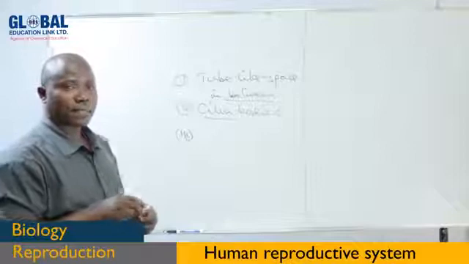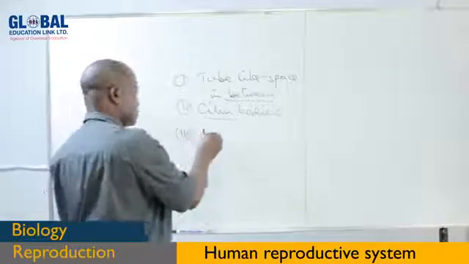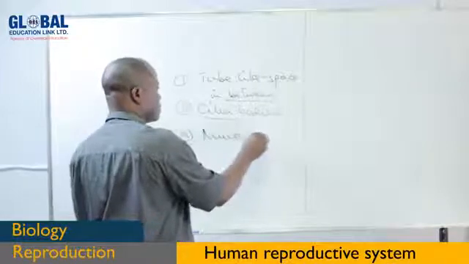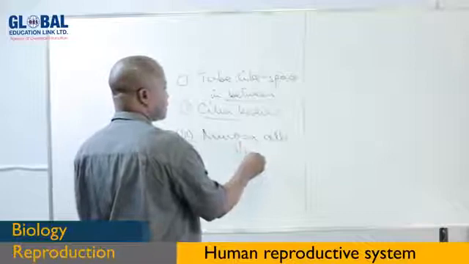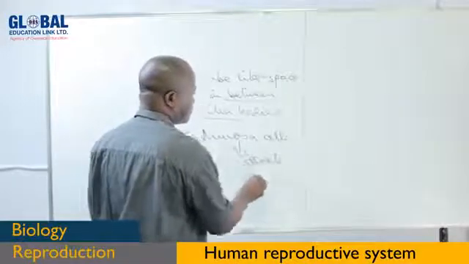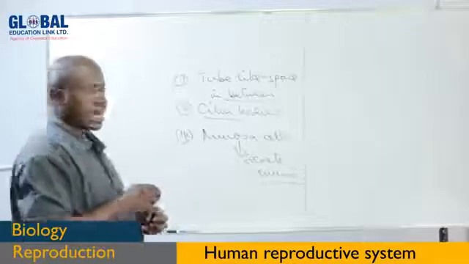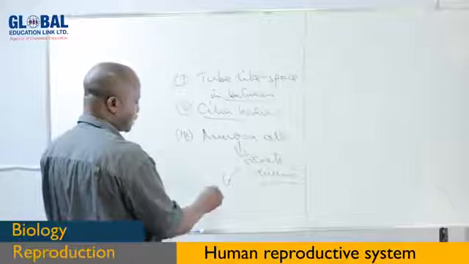Third, the fallopian tube also has mucosa cells that secrete mucus. This mucus allows swift movement of the oocyte.